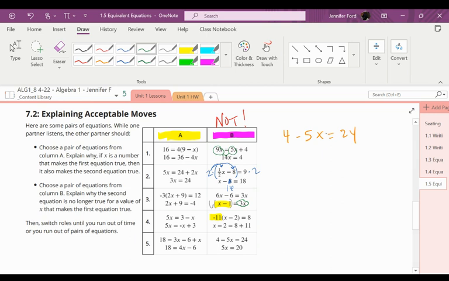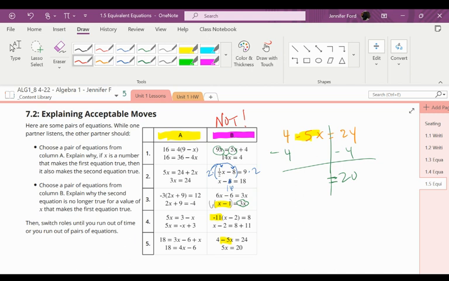So if I subtract 4 on both sides, I get 20 on the right-hand side. But then what they did was they lost this negative sign. This is minus 5x. Subtracting 5x is the same thing as adding a negative 5x.